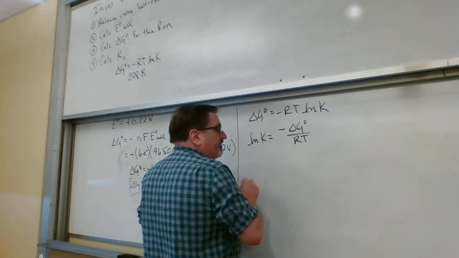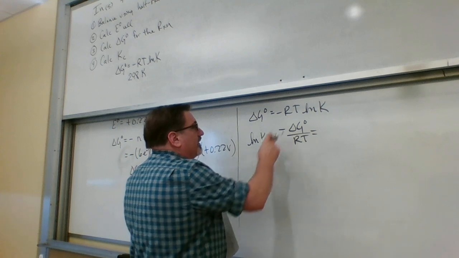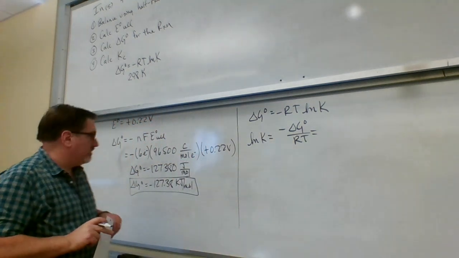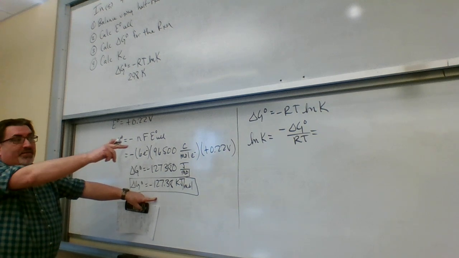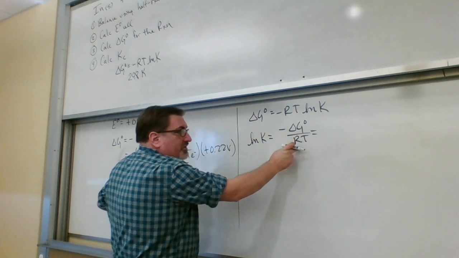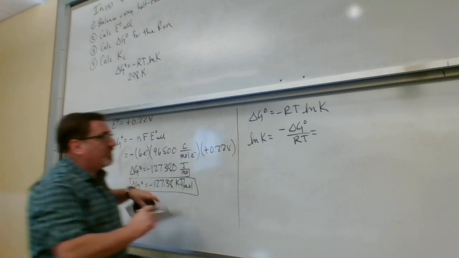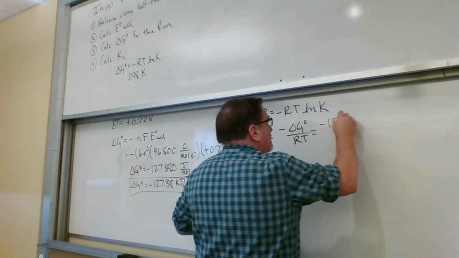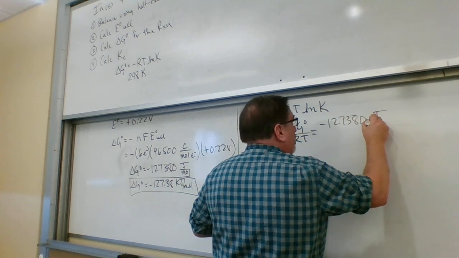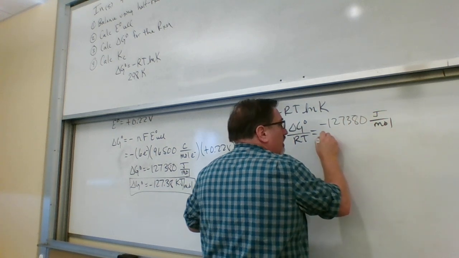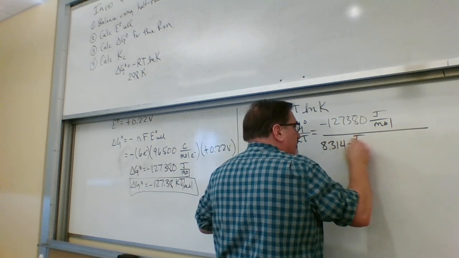So the natural log of K, we've got delta G0. We had these values over here. Remember, this R is the energy version in joules per mole Kelvin. So it'll be easier to plug in minus 127,380 joules per mole divided by 8.314 joules per mole Kelvin.